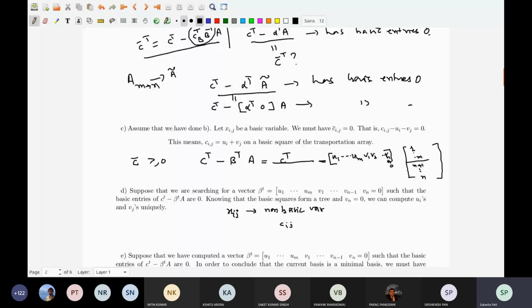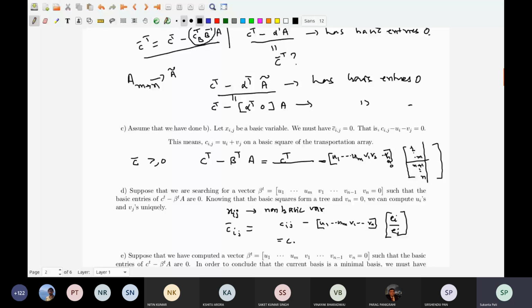That column I know, that column is ei slash ej, right? So in that case, I will be multiplying this vector u1 to um, v1 to vn with ei ej. So that will be C bar ij. But this one is actually nothing but Cij minus ui minus vj.